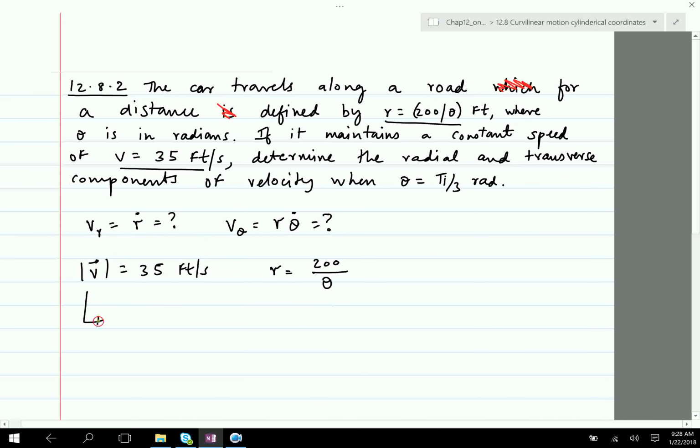So I can write this down in this fashion: v equals 35 equals the square root of r dot square plus r theta dot the whole square. This is from the formula I gave earlier. It is the square of the r component plus the square of the theta component.